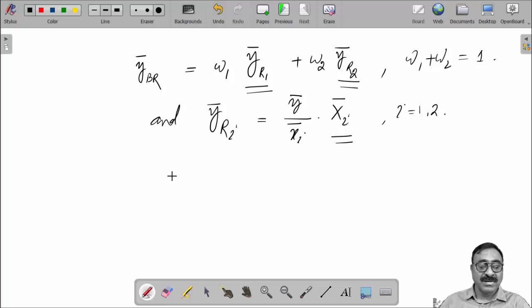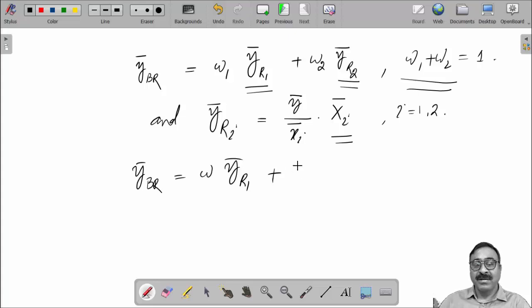So now, since w1 plus w2 equal to 1, we can write y_BR bar equal to w y_R1 bar plus 1 minus w y_R2 bar.